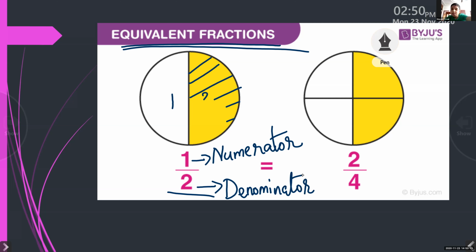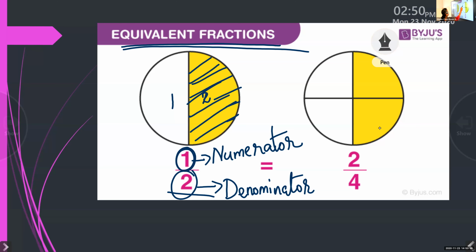So here the numerator is 1. We have taken only one part out of a total of 2 parts. The total number of parts we write below, that is the denominator, and the number of parts we have shaded, that is the numerator. Okay, Ashwal, what is the numerator in the second figure?